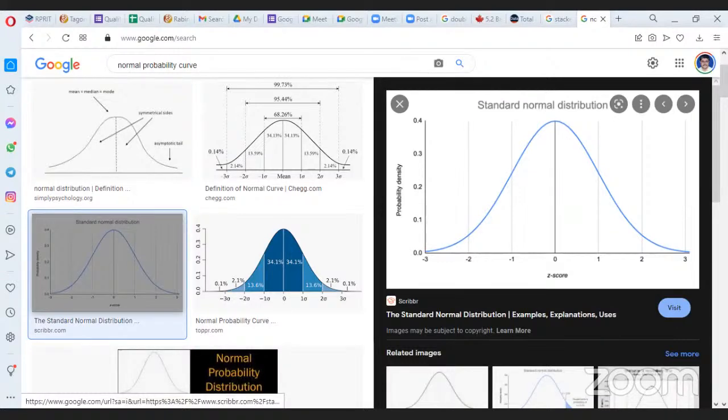If you are interested in making any inference based upon your sample data, that means you are making a generalization for the population. Up to this, is it clear to all of you?